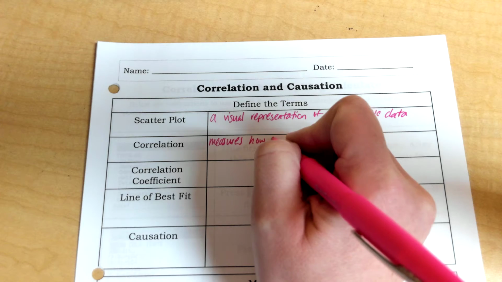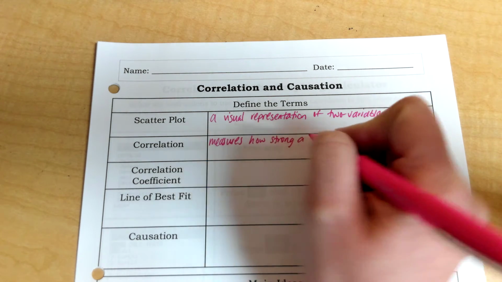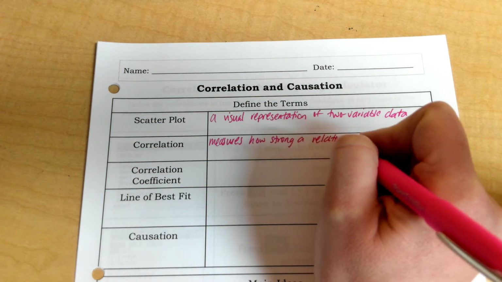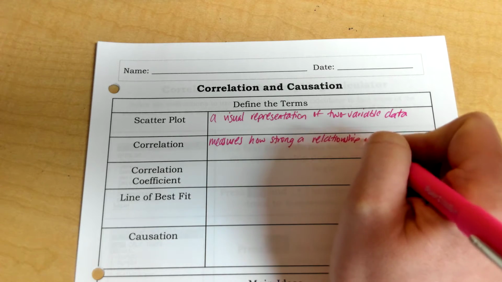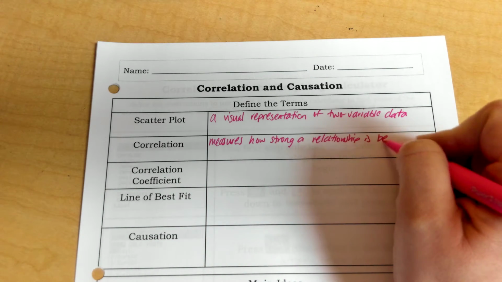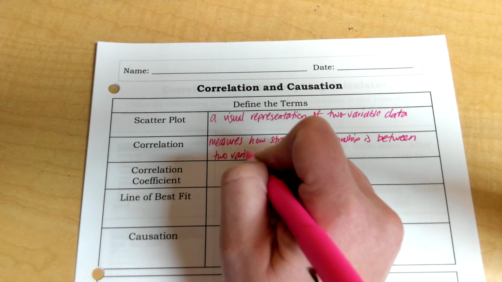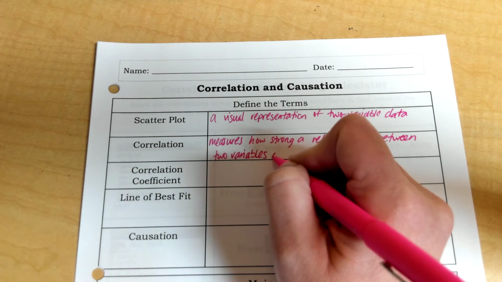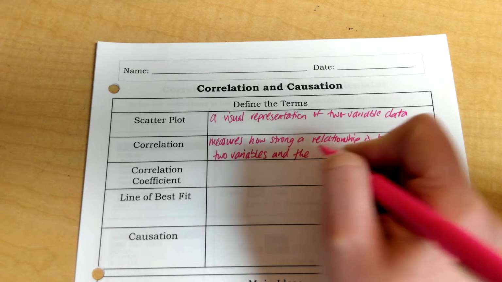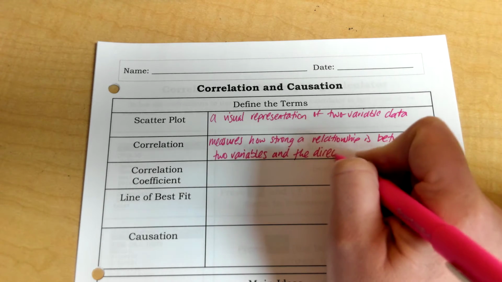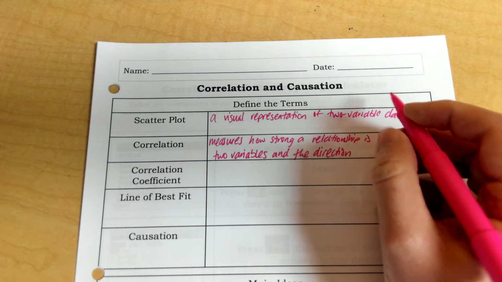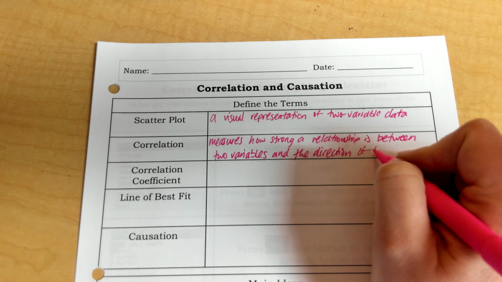Now, a correlation measures how strong a relationship is between two variables, and also the direction of the variables. Are they moving in a positive or a negative direction?